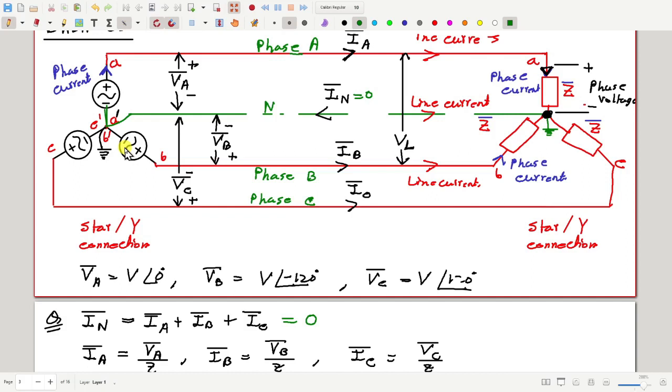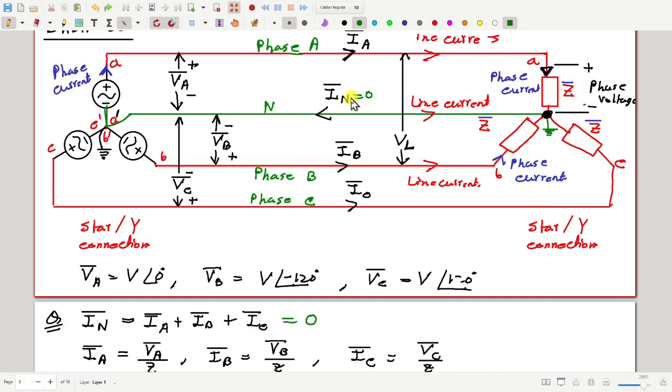But when we have a 3-phase generator working together, then only 3 lines are enough. So the cost and required amount of conductor copper is reduced to a very significant amount.